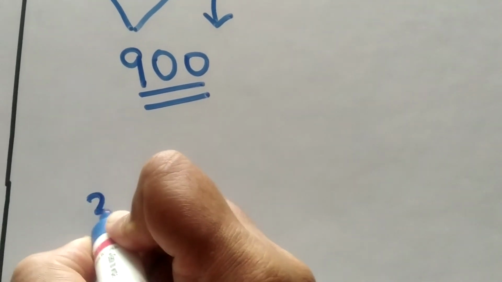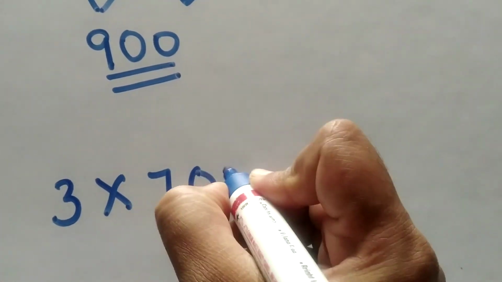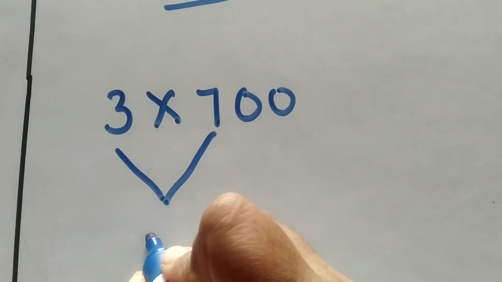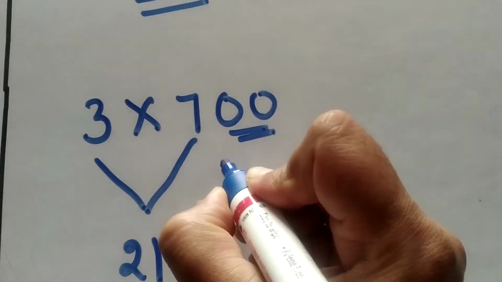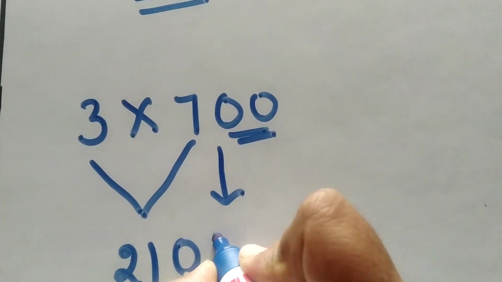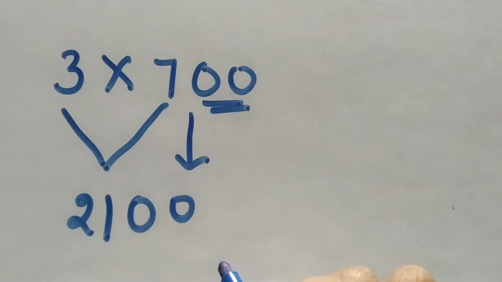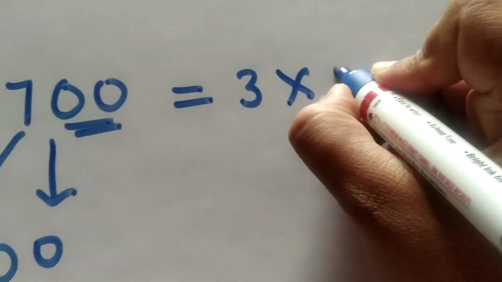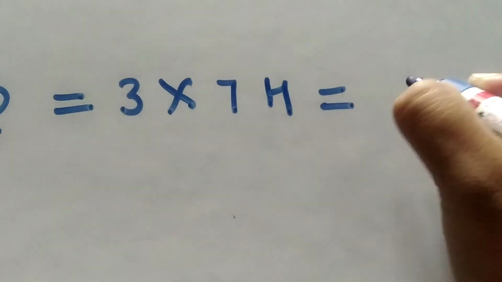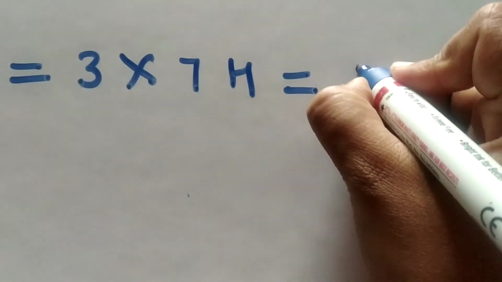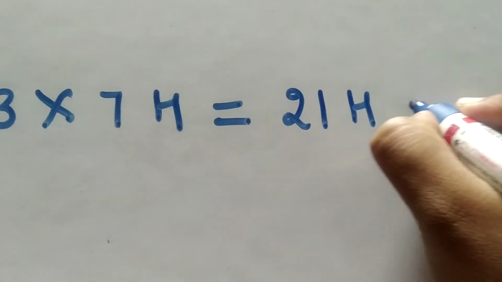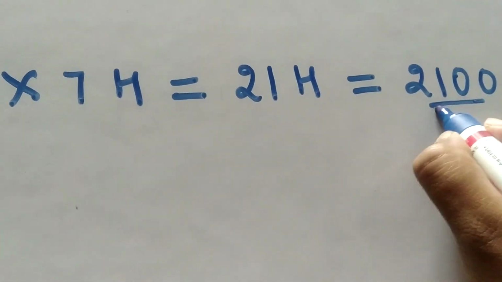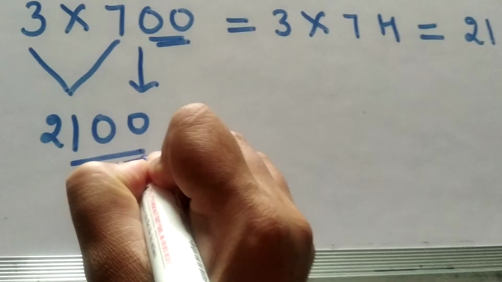Let's take another number, 3 by 700. Now let's check the first two digits. 3 into 7 is 21, and these two zeros will come down as it is, so it will become 2100. Now let's check our answer. 3 into 700 gives us 3 sevens are 21, which gives us 2100. See, 2100 here also, 2100 here also.